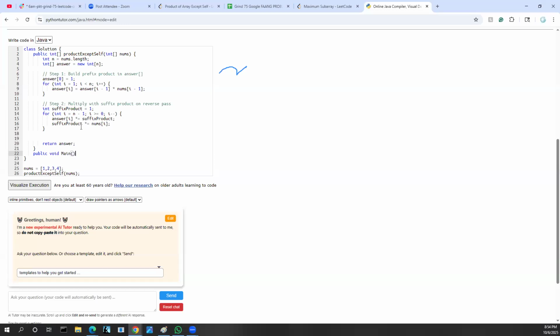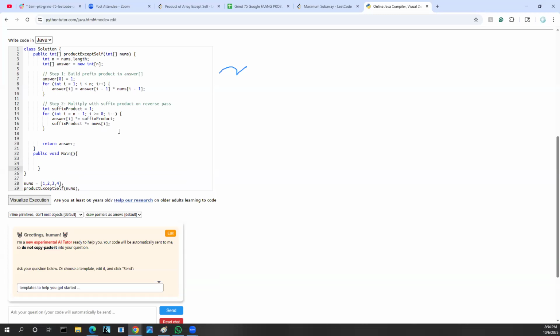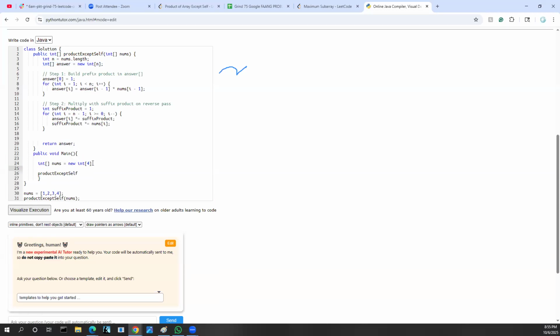Hello, sir. Can I explain in Java? Yes. And inside the main function, we can call this, right? And do something like this, and name it nums of length 4, then do like this, 1, 2, 3, 4.